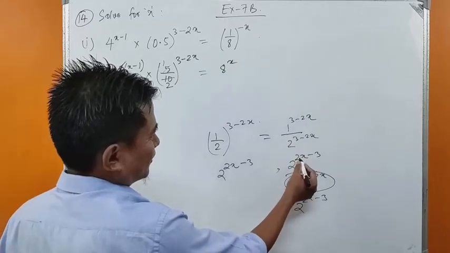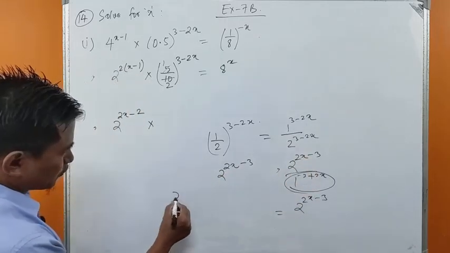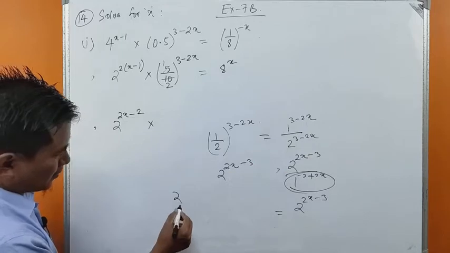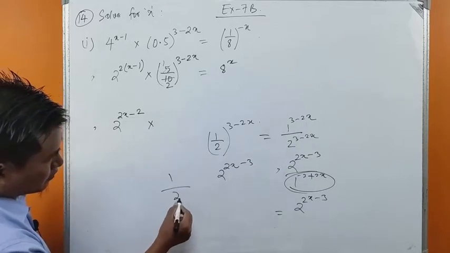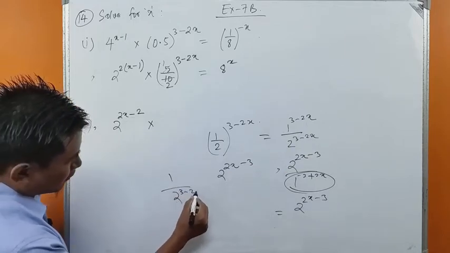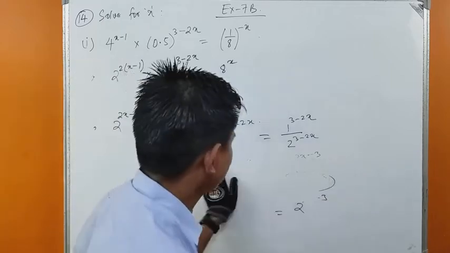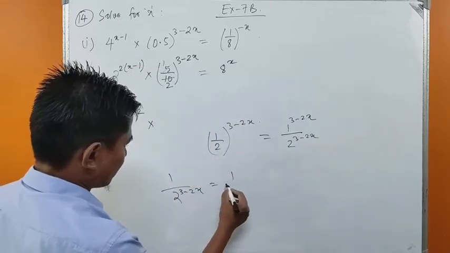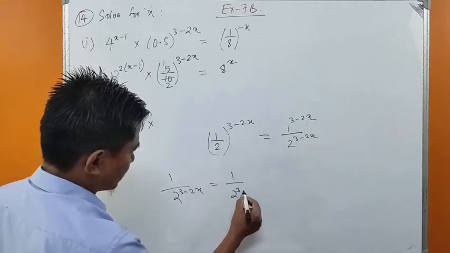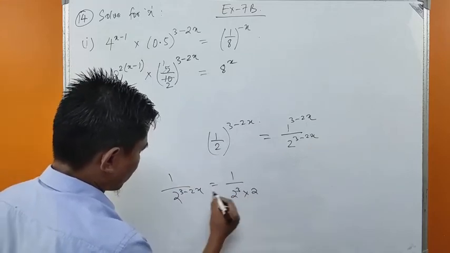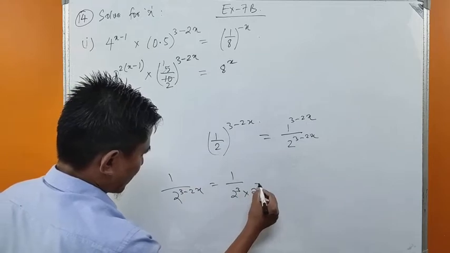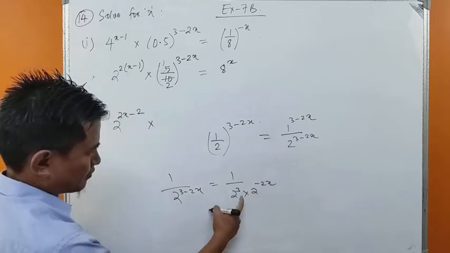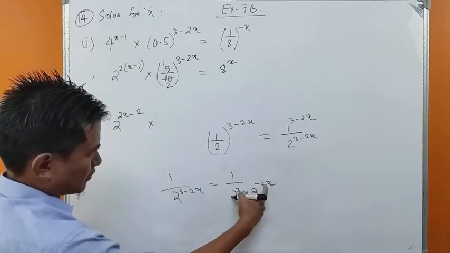This is actually 1 upon 2 to the power 3 minus 2x. 3 minus 2x is actually 1 upon 2 cubed into 2 to the power minus 2x, isn't it? Same base, power gets added up.